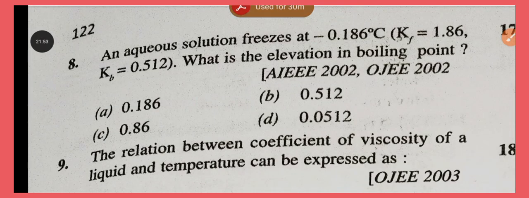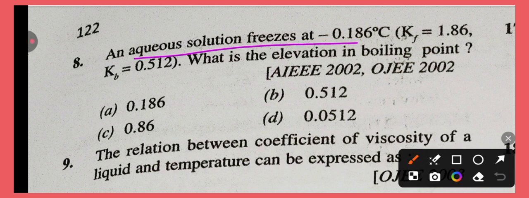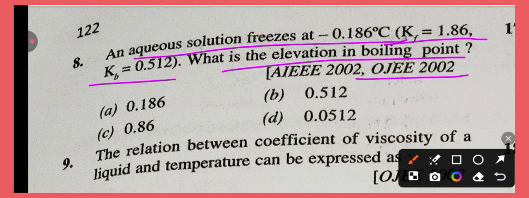In question number 8, an aqueous solution freezes at -0.186 degrees Celsius. Cryoscopic constant is 1.86 and elevation constant is 0.512. What is the elevation of boiling point? It is the most important PYQ asked in OJEE and AIIIE. Let's calculate.